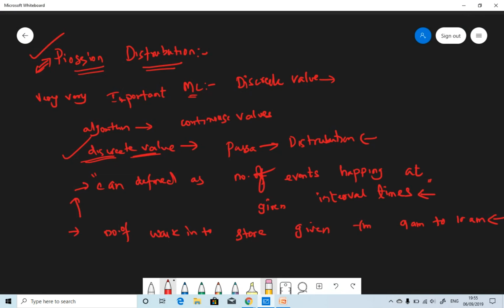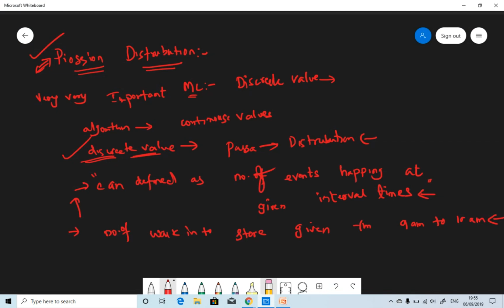Yes, no. Understood, clear? It can be defined as the number of events in a given time interval. That is the Poisson distribution.